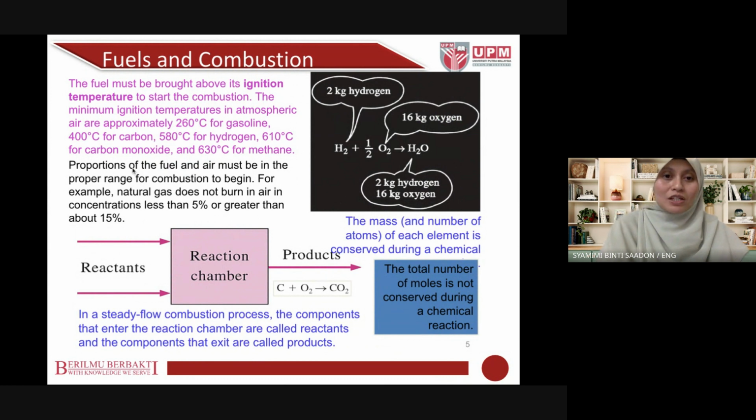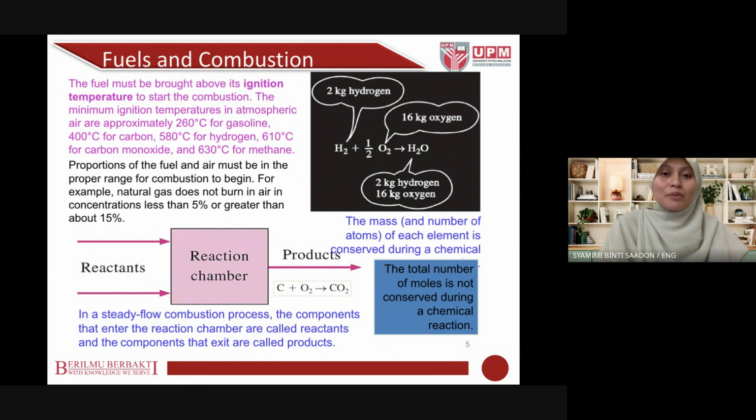The proportion of the fuel and air must be in the proper range for combustion to begin. For example, natural gas does not burn in air in concentrations less than 5% or greater than about 50%. This is just an example. It means that for each process, we need to calculate first to determine whether the combustion process can be completed, whether we put in enough quantity of fuel.